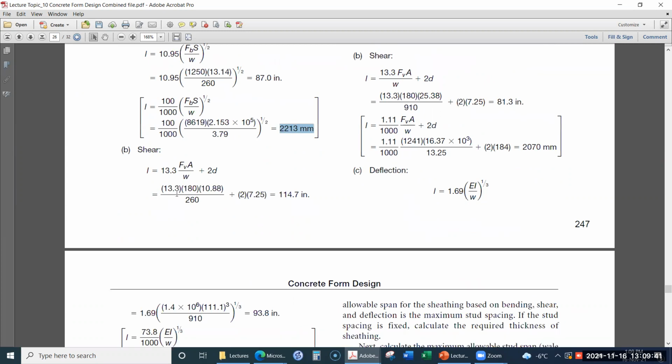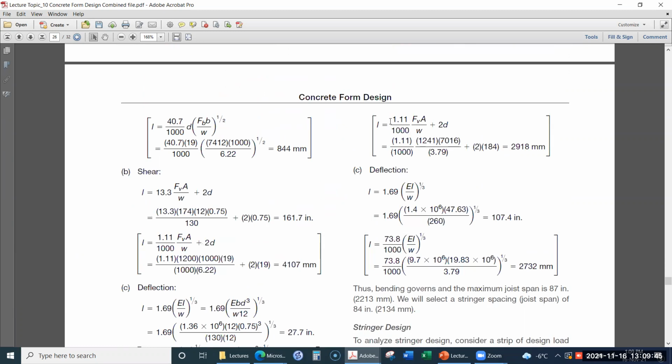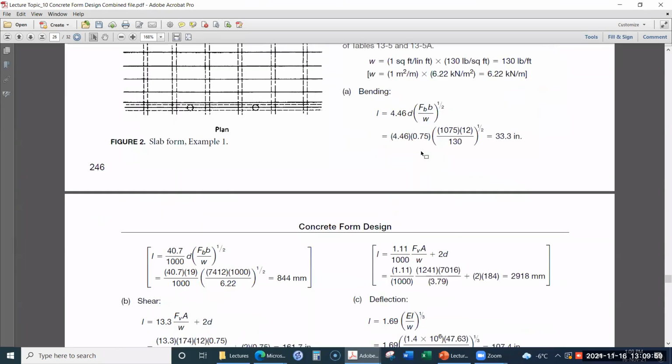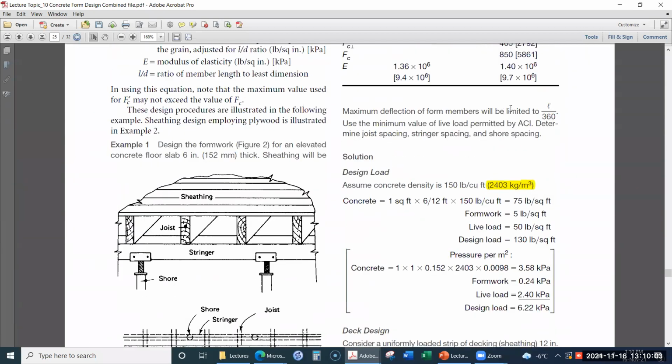And now for the shear, we have to use this equation. Again, we need to consider table 5a for the appropriate value. Here you can see that 1.11 over 1000 is from the formula. Allowable shear stress is 1241, which is from here.